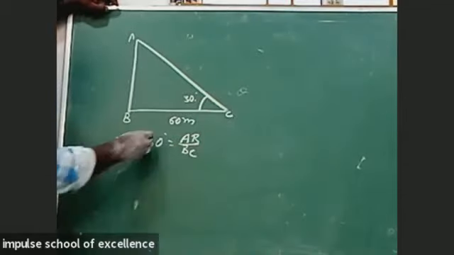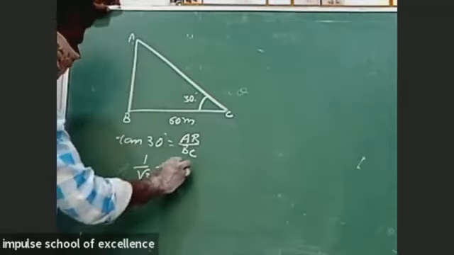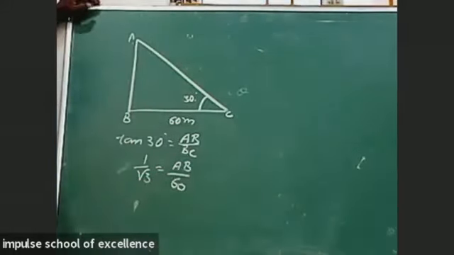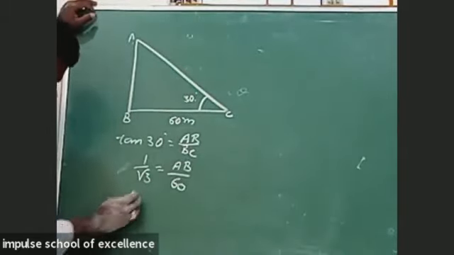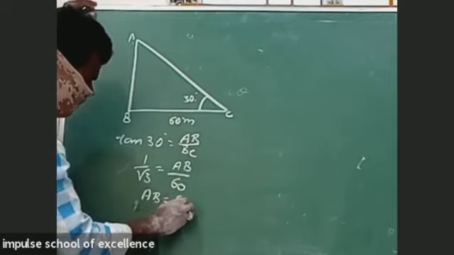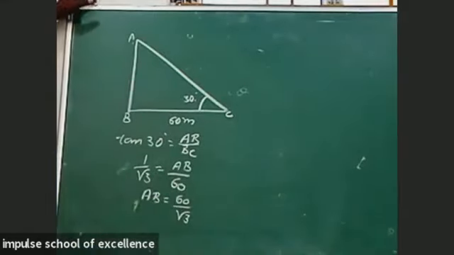What is tan 30? Tan 30 is 1 by root 3 is equal to, we don't know, AB by 60. So let us cross multiply. If we cross multiply, we get AB is equal to 60 by root 3.